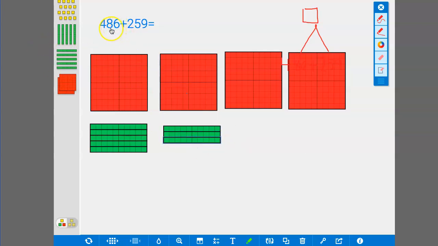So here we have 80 because this 8 represents 8 tens. Just to make sure, this is 1, 2, 3, 4, 5, 6, 7, 8. 10, 20, 30, 40, 50, 60, 70, 80. So that's what that 8 represents, the 8 tens, which is 80.